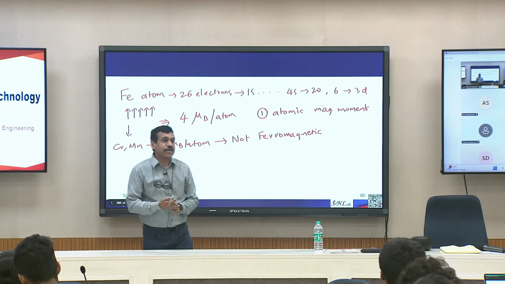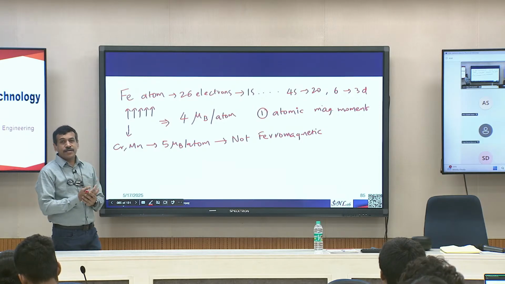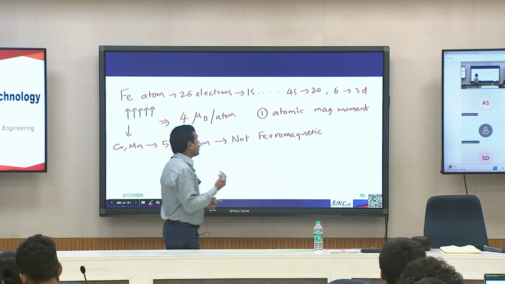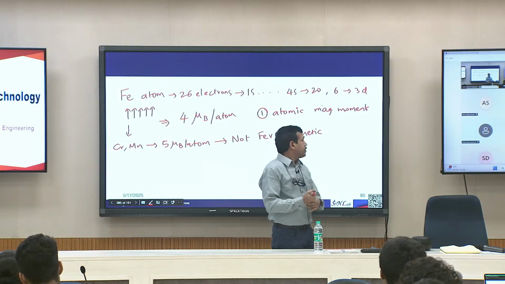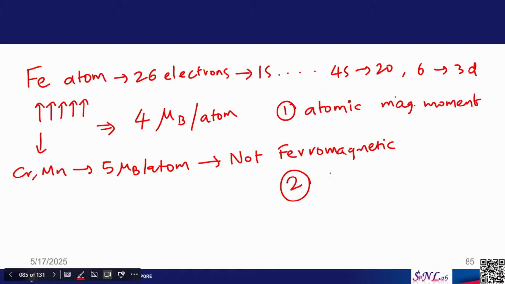There is also something else that comes into the picture, and that determines whether a material is ferromagnetic or antiferromagnetic or ferrimagnetic, and that is called exchange coupling, the exchange integral, introduced by Heisenberg.